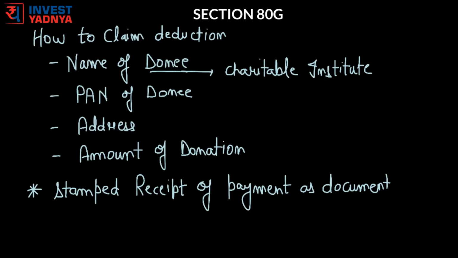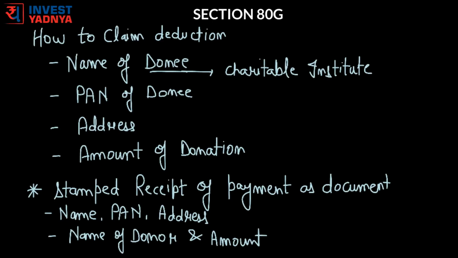Such a receipt should have the name, address, and PAN of the trust or institution. The receipt should also include the name of the donor, that is you, and details of the amount donated. The registration number of the trust under section 80G, and the validity of registration must be mentioned on the receipt.